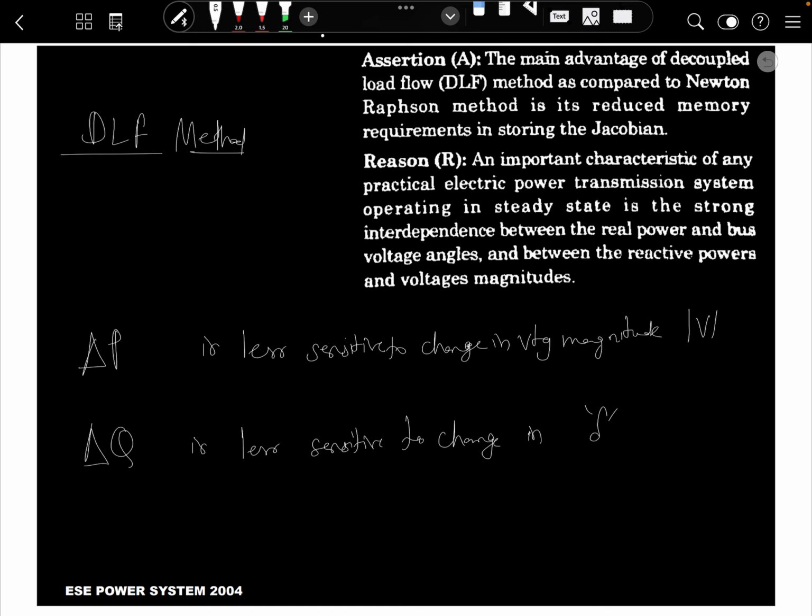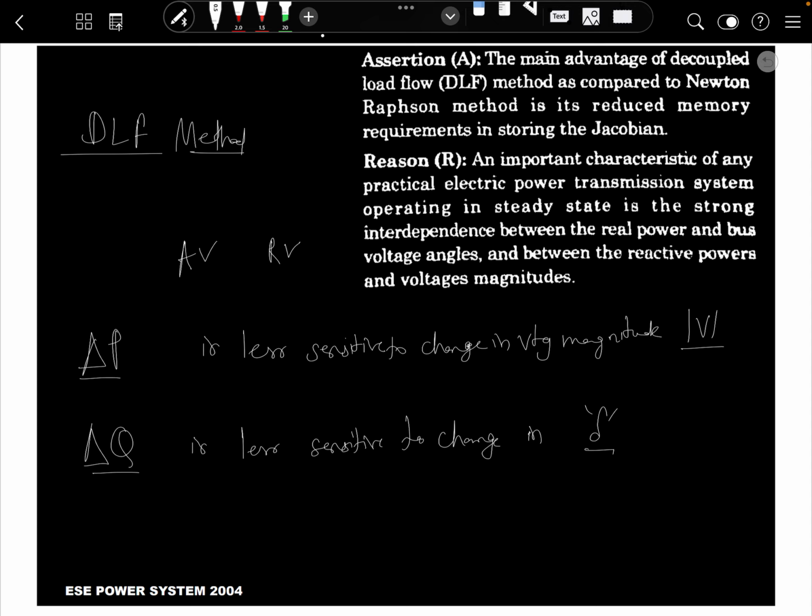So from this it is accurate, means the assertion is correct and the reason is also correct, because of the interdependence between the terms P, V and the change in reactive power and voltage angle, and it happens in DLF, means fast decoupled load flow method, which is superior, which reduces the memory requirement, which is required in Newton-Raphson much more than DLF.